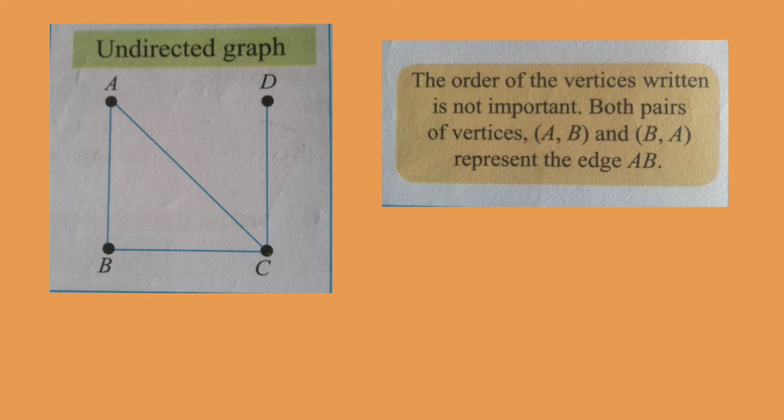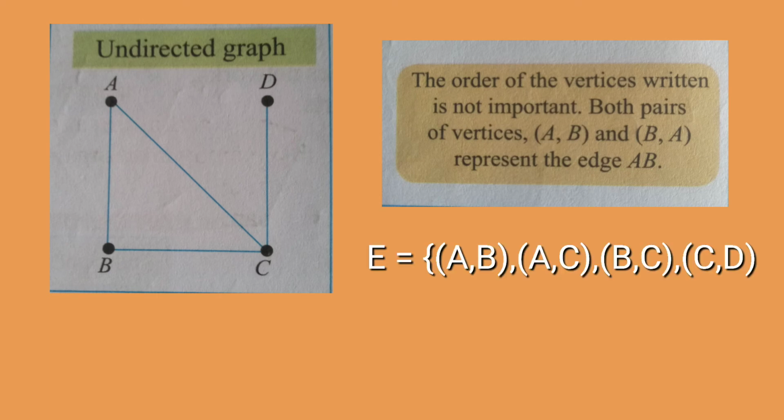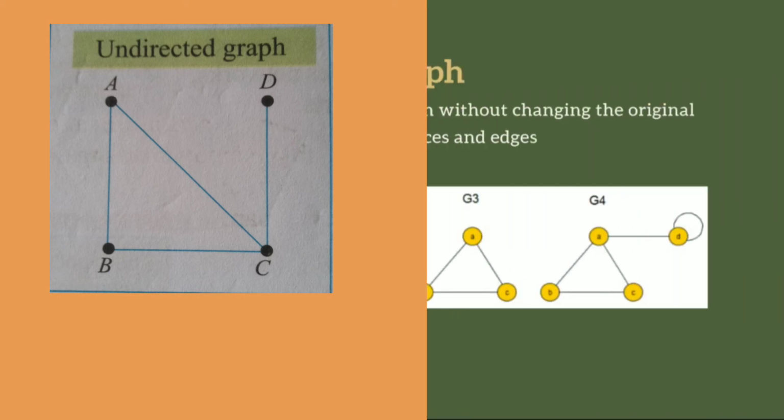Both pairs of vertices AB and BA represent the edge AB. Look at the example that I show you. You can write your edge A first or B first, that is not important.